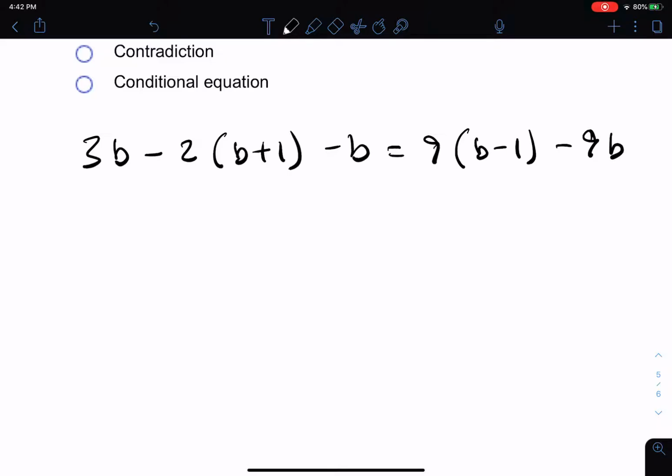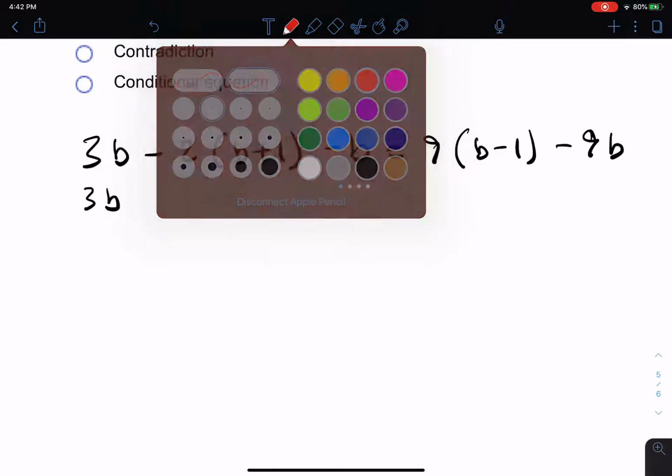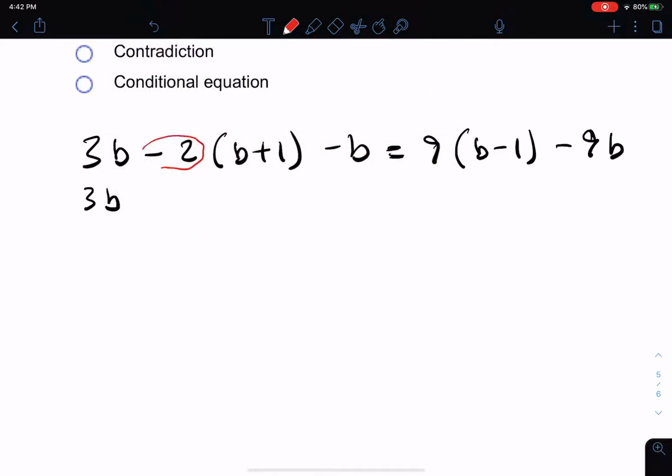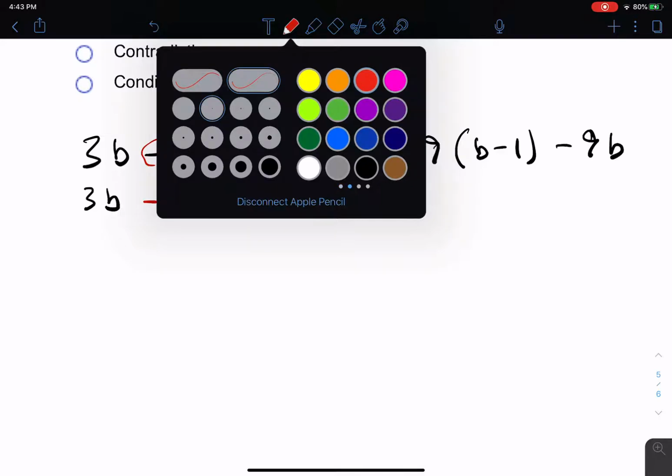Okay, there's our equal sign. We need to begin to simplify, and I'll tell you, a common problem right there is forgetting to distribute the negative. So this is a minus or negative 2b, and negative 2 times 1 is minus 2. That is a problem you've got to be careful with.